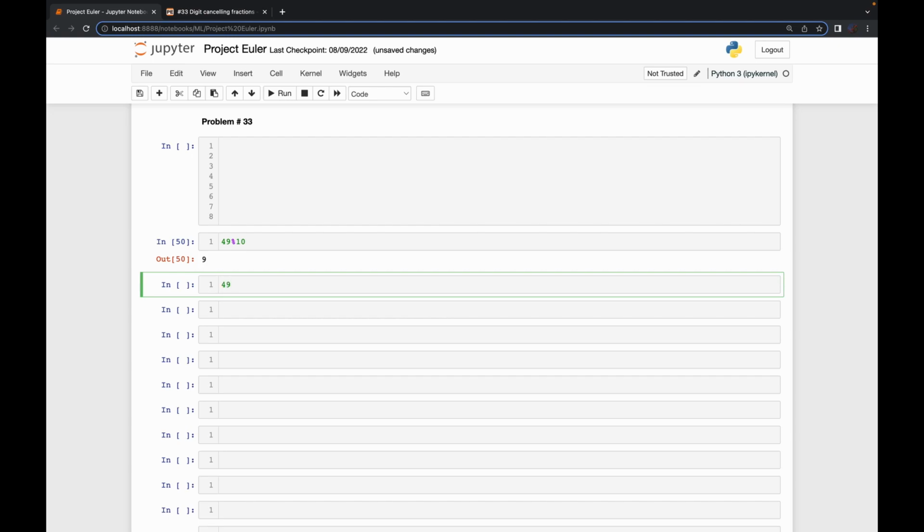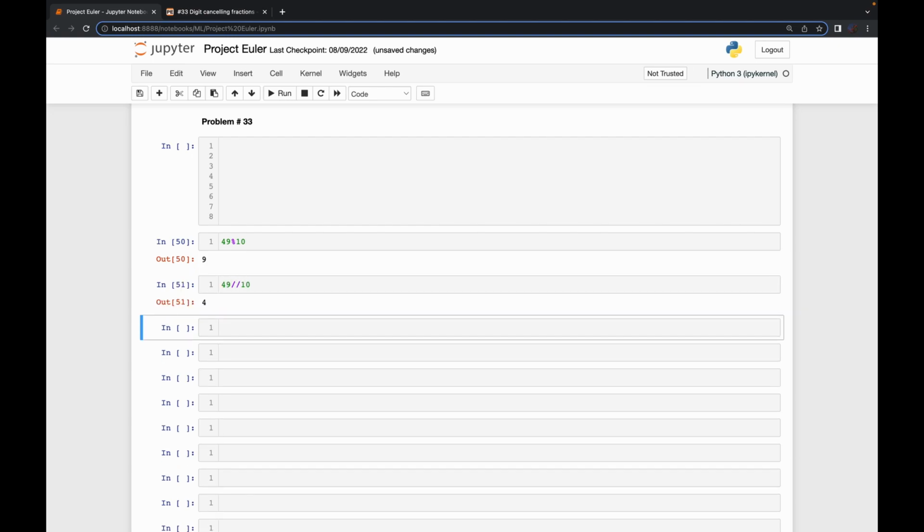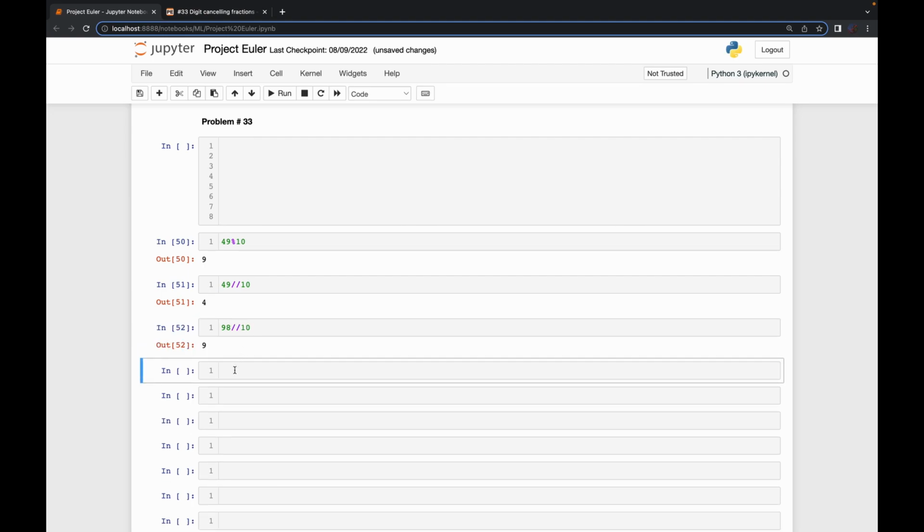I get it by integer division of 49 by 10. Now for the denominator, I want to get the first term, so it should be opposite. From 98, in order to get 9, we integer divide by 10, and in order to get 8, we take 98 modular division by 10.